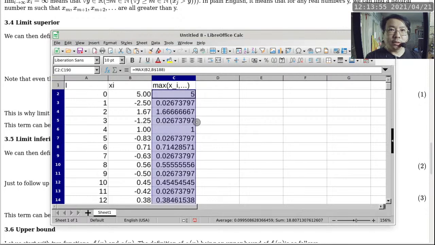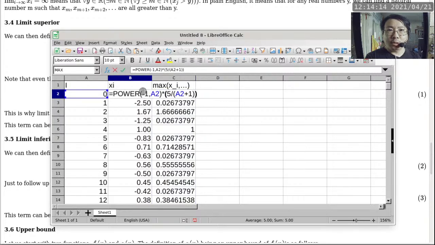So is this part okay? Does everybody understand what column C is representing? Column B? Sure. So column B: the first portion is just controlling the sign, whether it's -1 or 1.